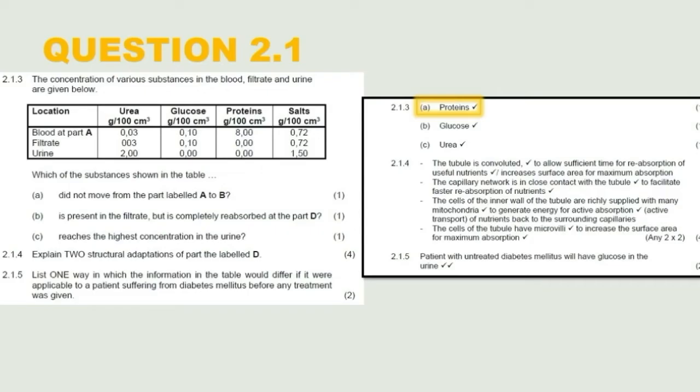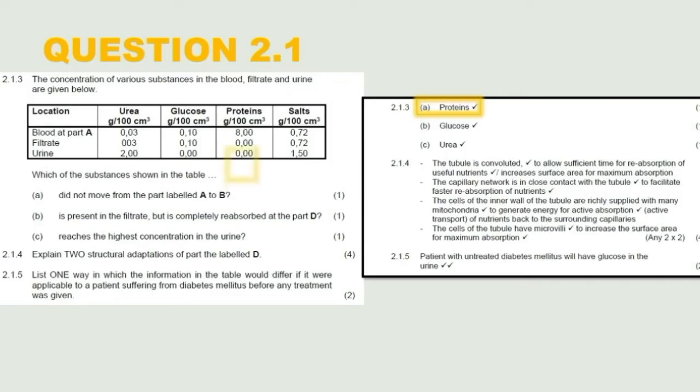Then the substance that is present in the filtrate, but was completely reabsorbed, will be 0 in the urine, but there will be traces in the blood and the filtrate. So this will be glucose.